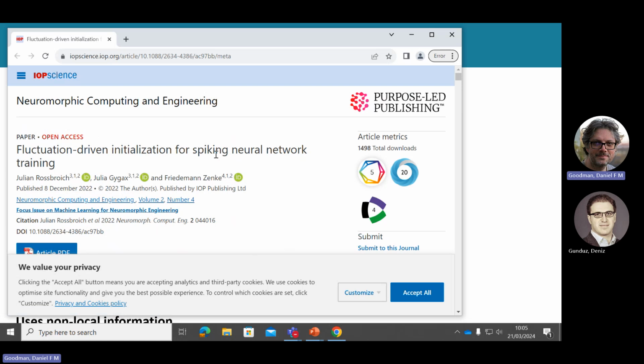Okay. So in this case, it's fluctuation driven. What they've done is put it into a state which is typical in the brain, called the fluctuation-driven regime, where it produces a lot of spontaneous activity, but it's maximized for its sensitivity to transients.